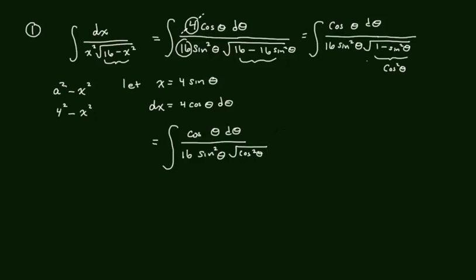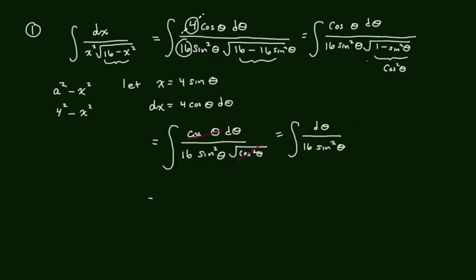And then the square root of cosine squared is simply cosine, which will get rid of the value in the numerator. So we have d theta in the numerator, 16 sine squared theta, and then again over here this cancels out with this.